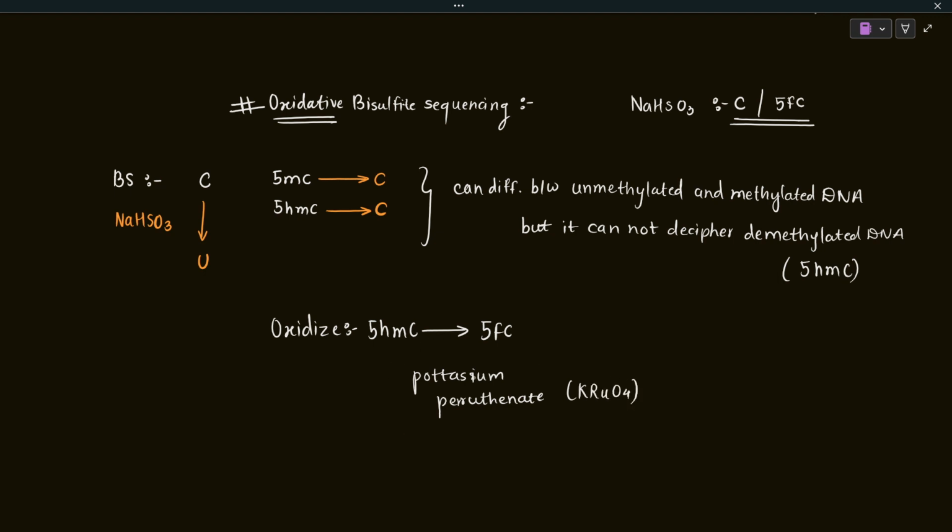This potassium perruthenate is able to oxidize 5-hydroxymethyl cytosine to 5-formyl cytosine. Once this is converted, sodium bisulfite can work on it and convert this 5-formyl cytosine to uracil. This uracil is read as thymine in the sequencing steps.